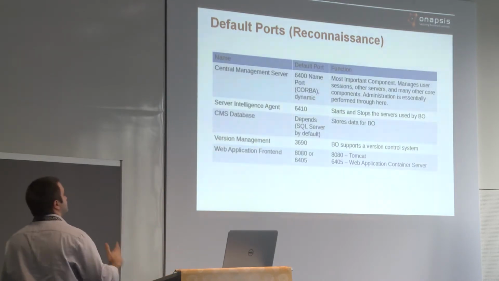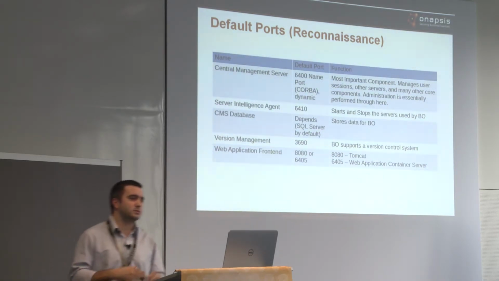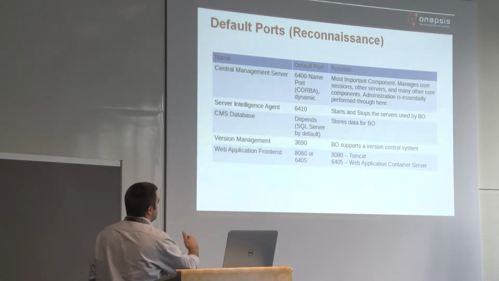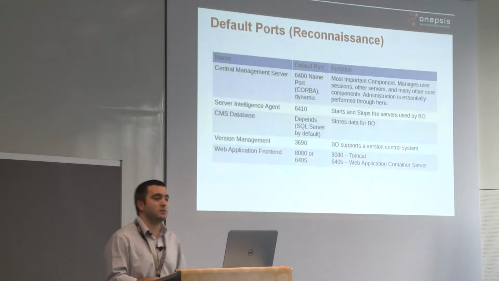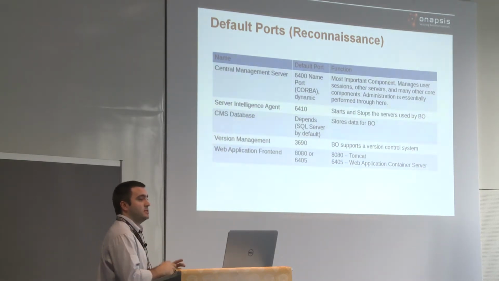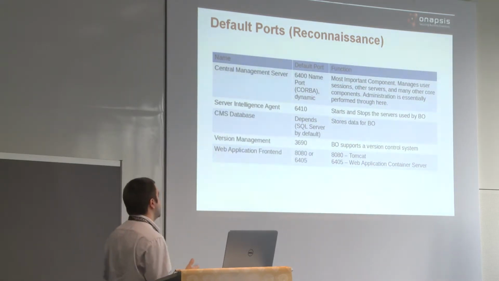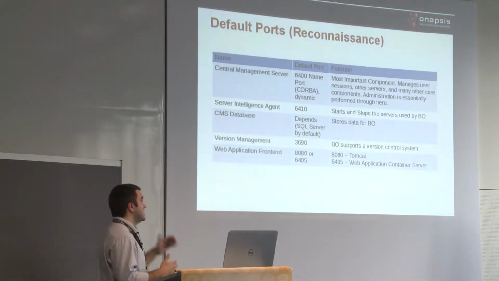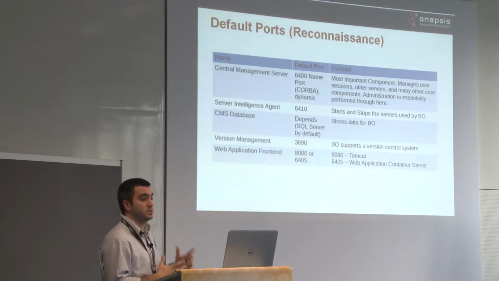We cannot skip describing the ports that are listening by default. By default you have the CMS, which is 6400. This port is also listening with the Corba protocol, and it's the one that will tell you which are the dynamic ports as well. So this is the primary port for the BusinessObjects implementation. Then you have the Server Intelligence Agent, which we'll talk about a little bit. This agent or service can be used to start and stop the services.